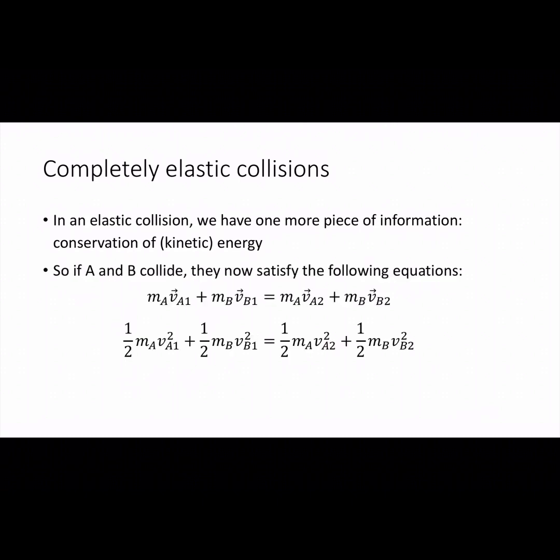So now we have 2 equations in general. Let's say we have 2 objects, A and B, that collide. We have conservation of momentum, which is this top equation, and we have conservation of energy, which is this bottom equation. That's just saying the kinetic energy of object 1 before plus the kinetic energy of object 2 before is equal to object 1 after plus object 2 after.